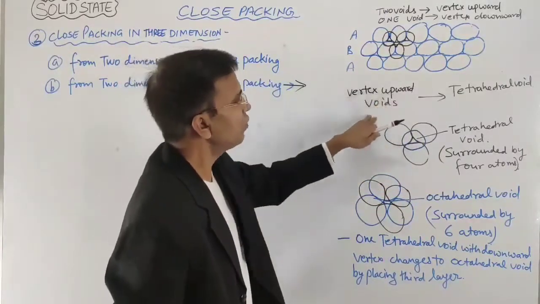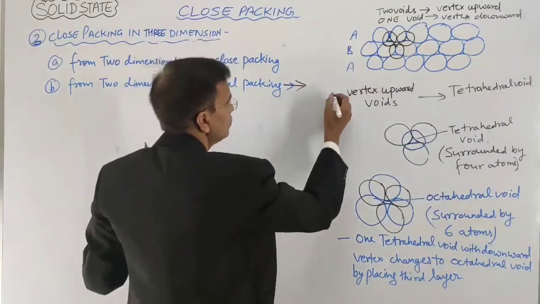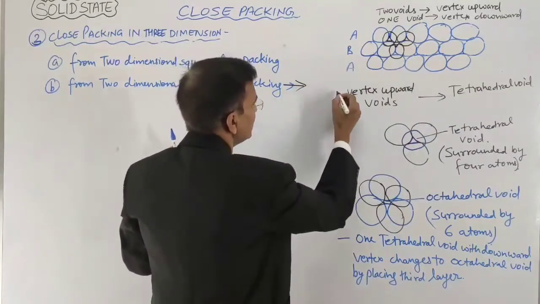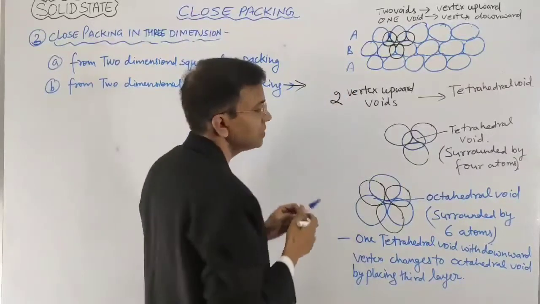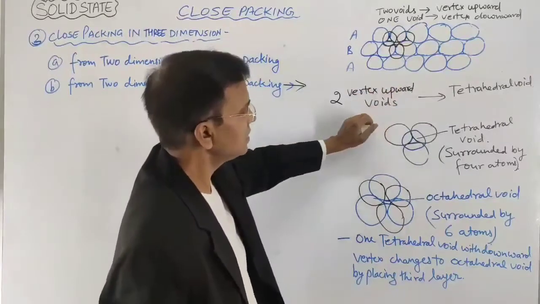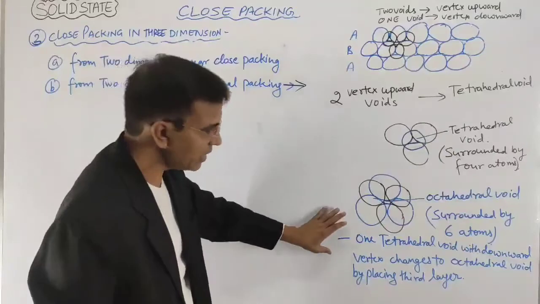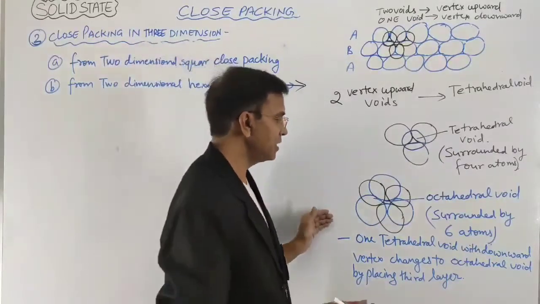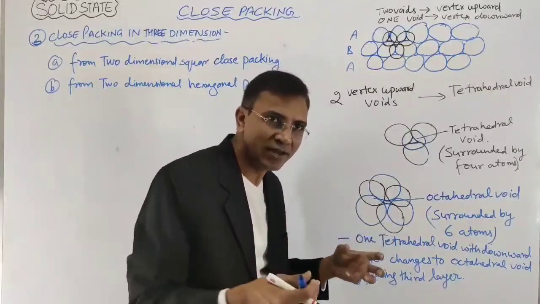The vertex upward voids change to tetrahedral voids. These are two vertex upward voids, means 2 voids with upward vertex change to tetrahedral voids, right? And one void with downward vertex changes to an octahedral void when placing the third layer, right?